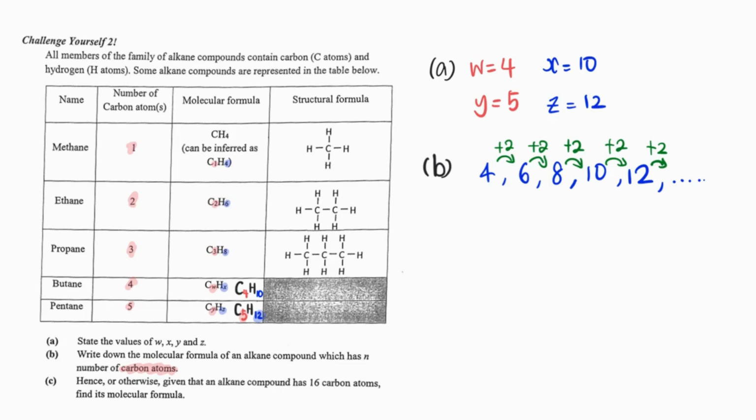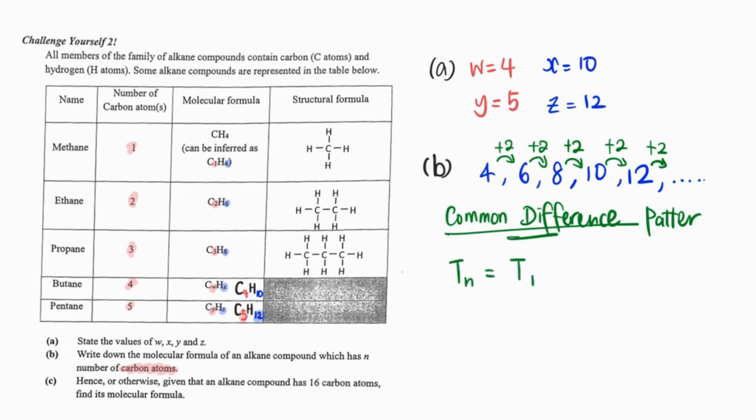This means that this is a common difference pattern. And once we have ascertained that this is a common difference pattern, we could tap on this formula to help us get the n term for hydrogen atoms here.